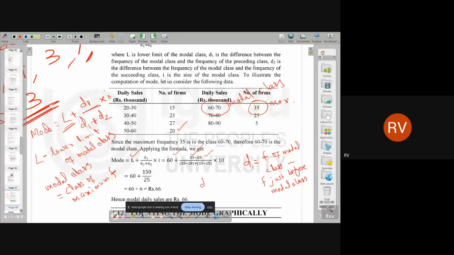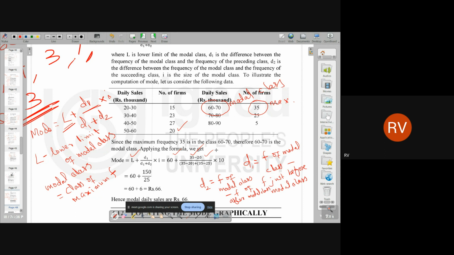Similarly, we can find D2. D2 is equal to F of the modal class minus F after the modal class.